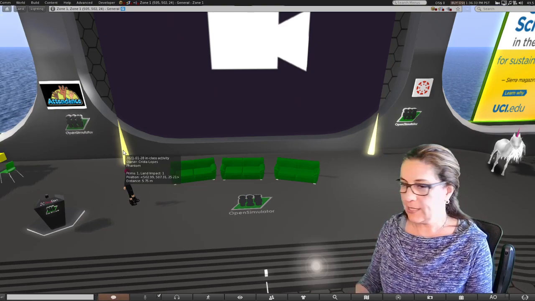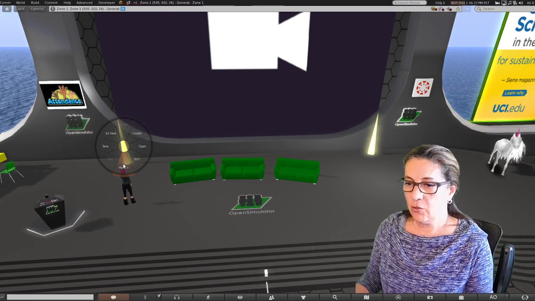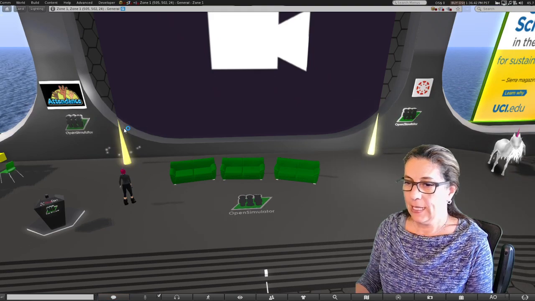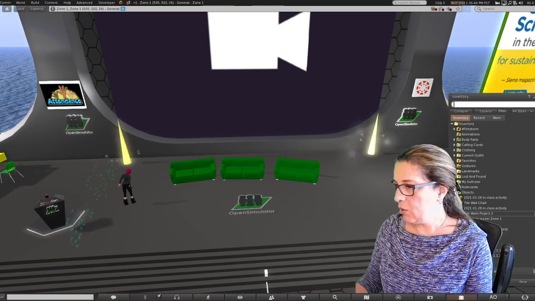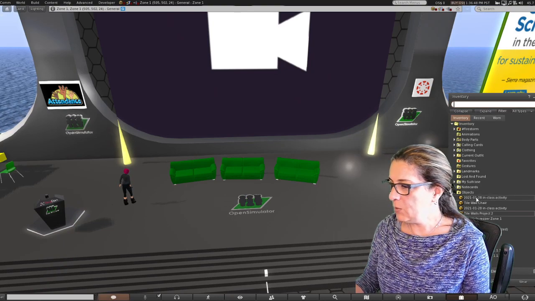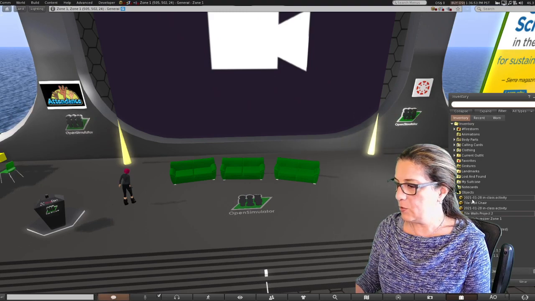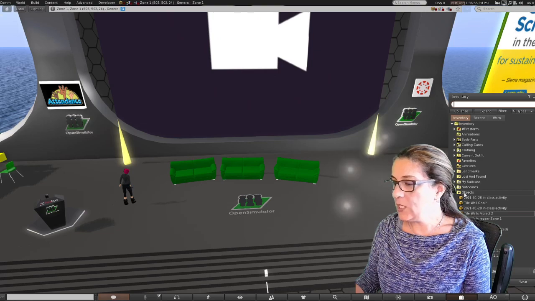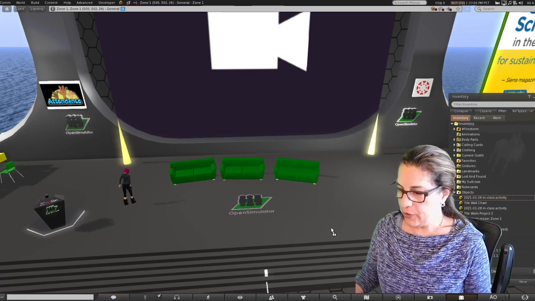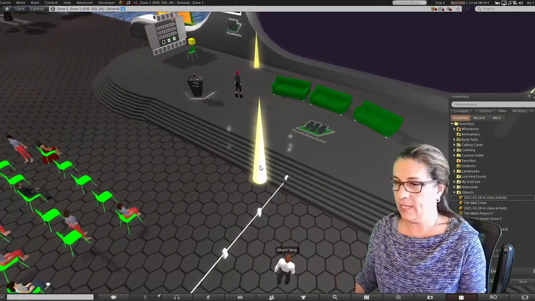Right click on one of them, choose More, choose Take Copy. This will give you an object in your inventory under the Objects folder that has the name 2021-01-28, that's today's date. Once you get to your treehouse, drag this thing onto the lawn of your treehouse.